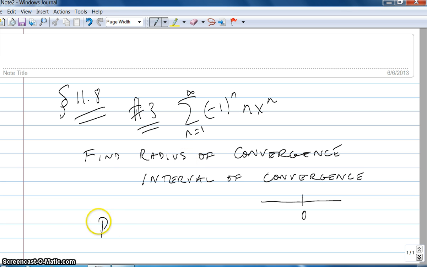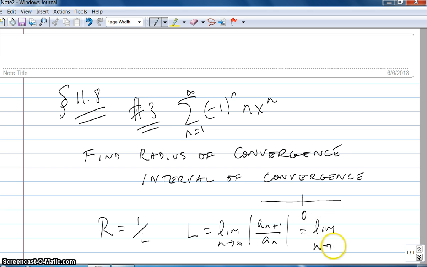The radius, r, is equal to 1 over L, where L is the limit as n goes to infinity of a_(n+1) over a_n. Just like the ratio test, you're doing essentially the ratio test. You can leave off the x though and just put this part here, the (-1)^n. So that gives us the limit as n goes to infinity.